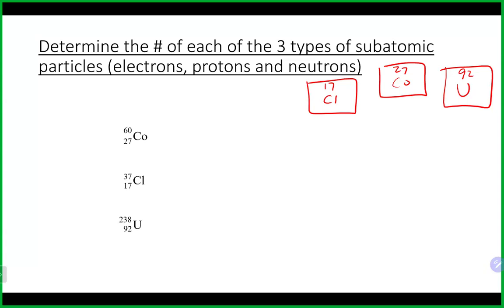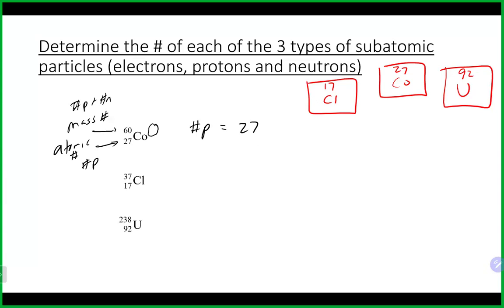Okay, let's take a look and see. So once again, when we see it written like this for an isotope, the top number is our mass number. And again, that's our number of protons plus our number of neutrons. The bottom number is our atomic number, and that's our number of protons. So right off the bat, the number of protons here for cobalt should be 27. Again, it does not have any charge written there, so we could assume that it's neutral.